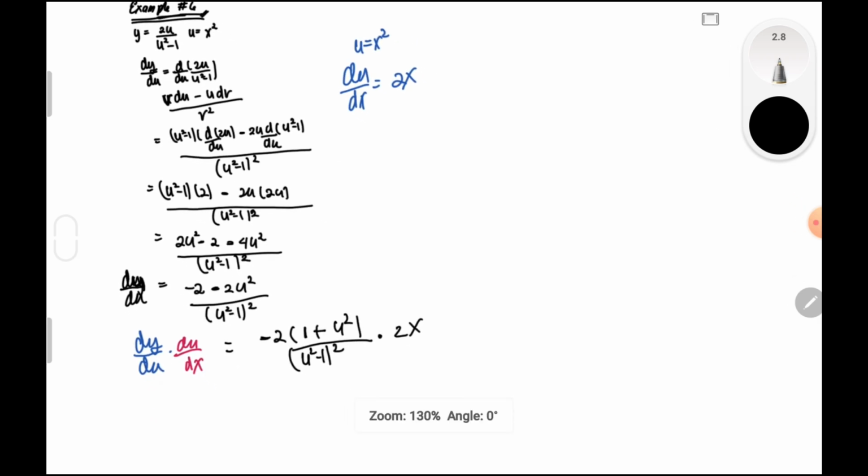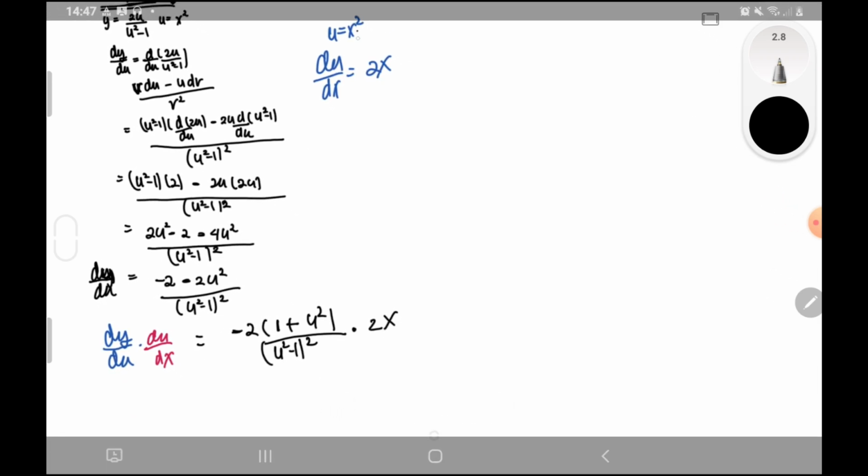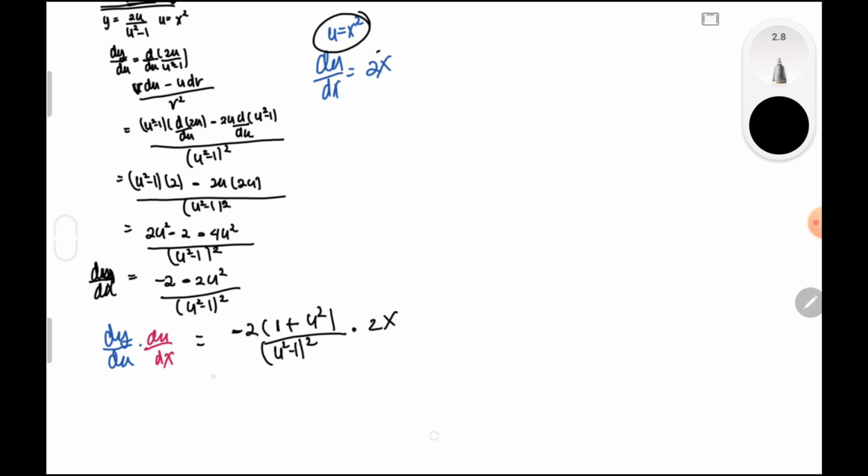But what is our u? Our u was x squared, wherein we have negative 2 multiplied by 1 plus x raised to 4 all over x raised to 4 minus 1 squared.